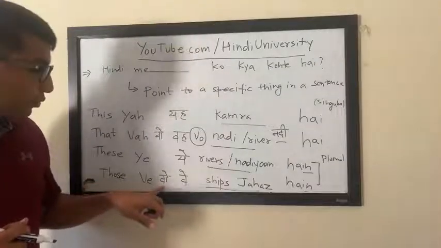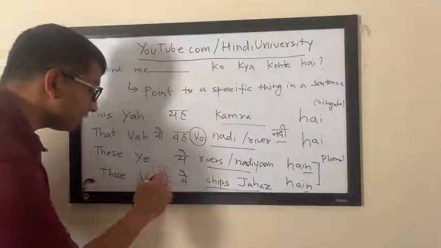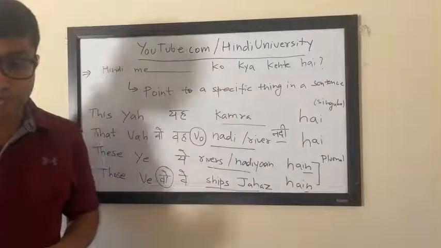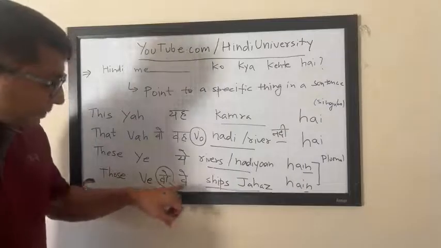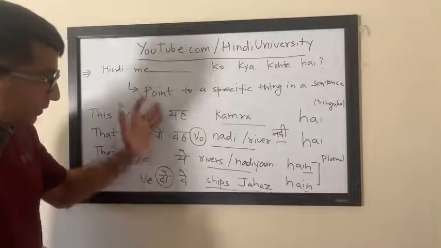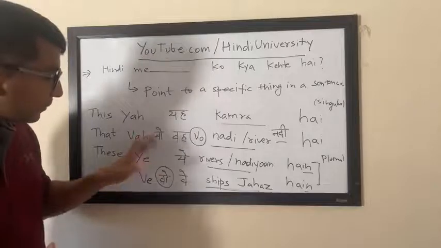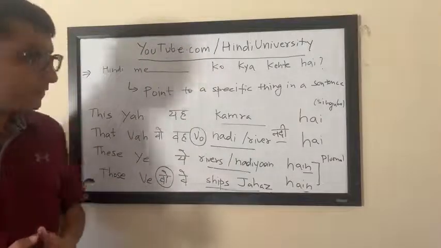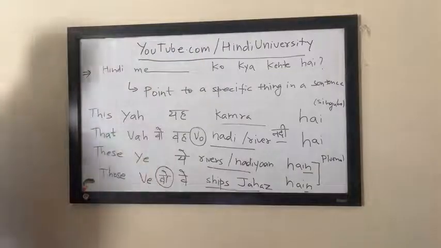So even here colloquially people are using wo meri kitabein hain, those are my books. If you want to keep it simple, feel free to use the standard yeh, vah, ye and ve, but colloquially Hindi speakers get very comfortable in their own pattern and they will use that, right?